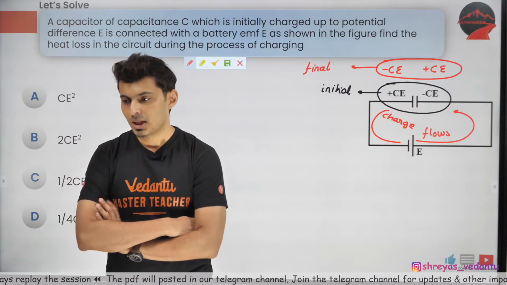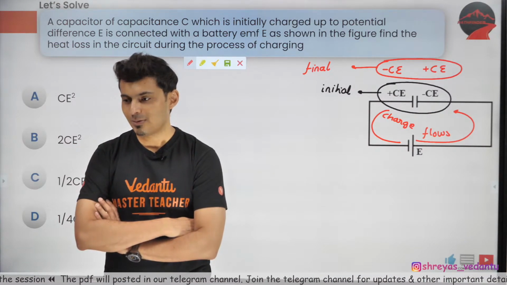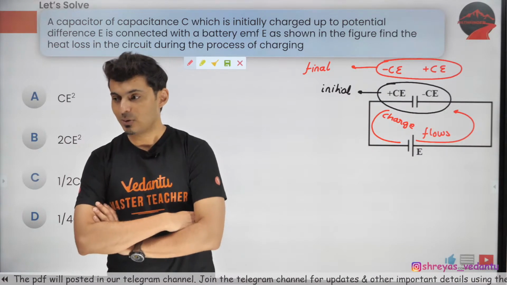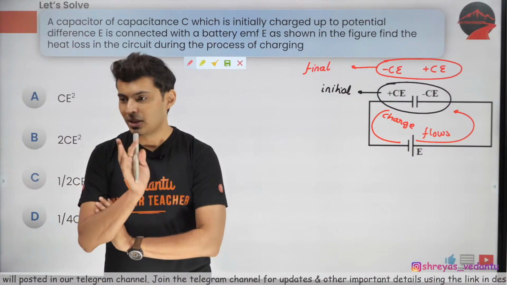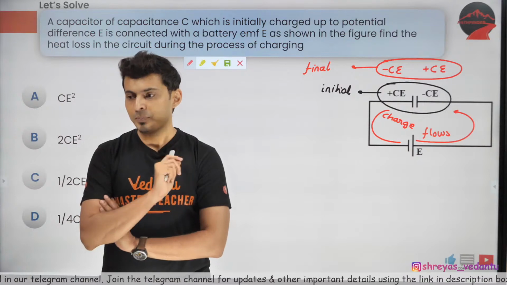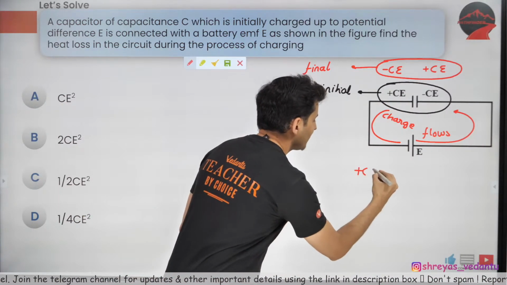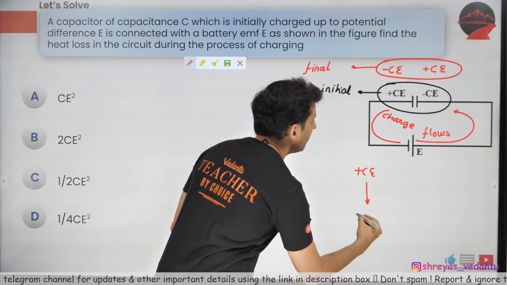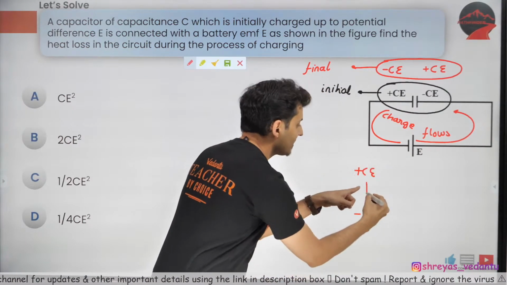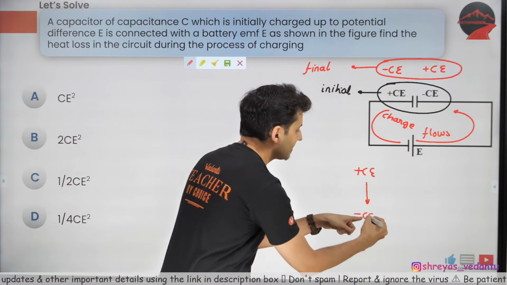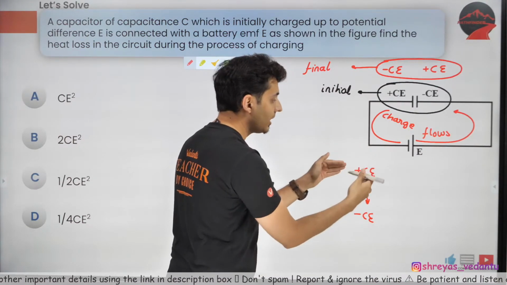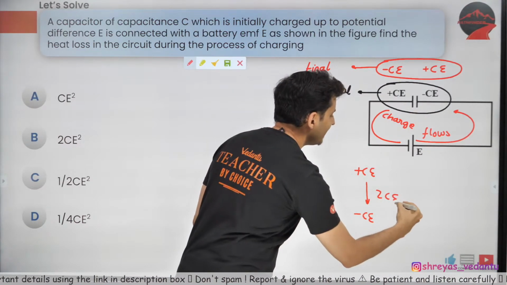Okay, so some of you are saying 1/4 CE square, some of you are saying C, some of you are saying B. No, it's not the correct answer. I'll tell you why. First of all, do you realize this? From plus CE to minus CE, what is the difference? How much has the charge decreased by? It has decreased by 2 CE.